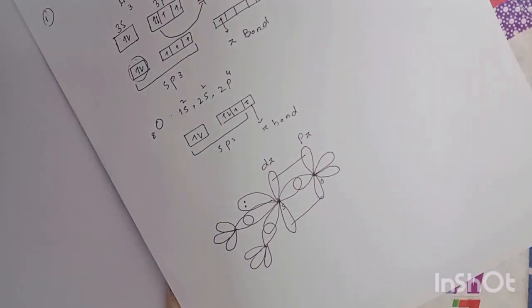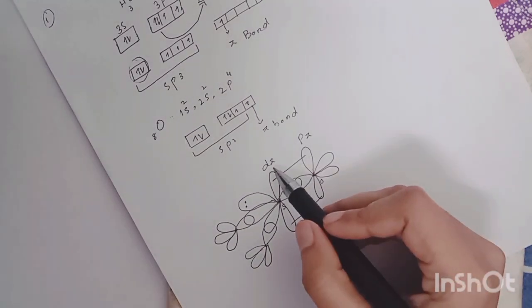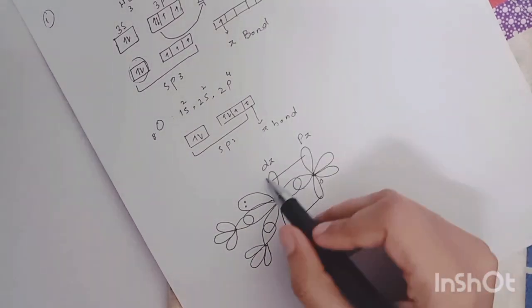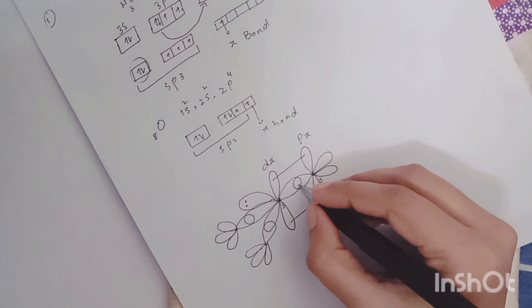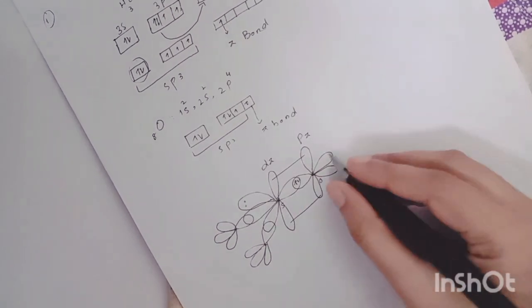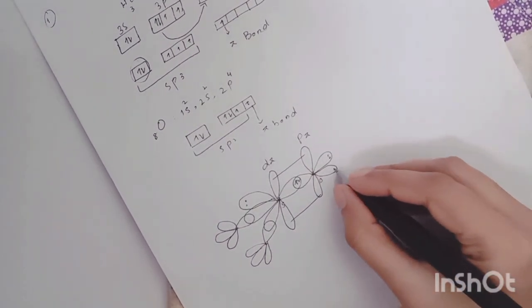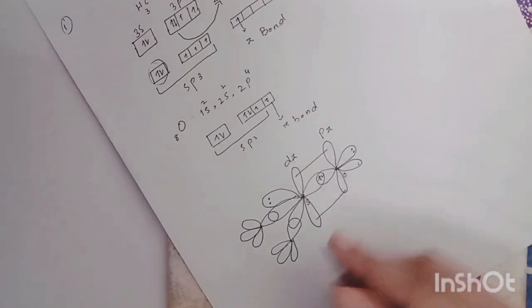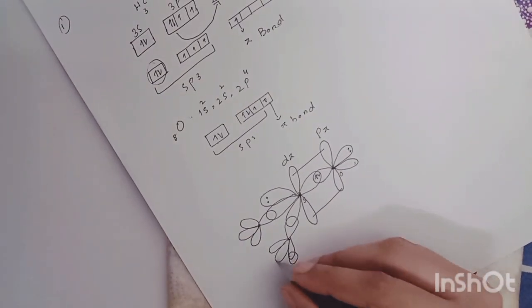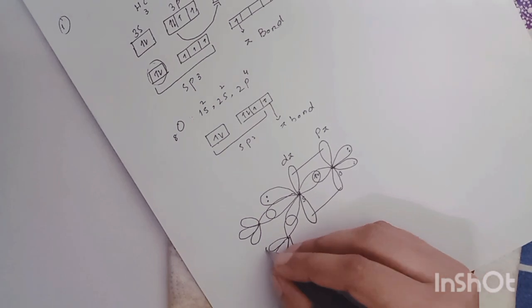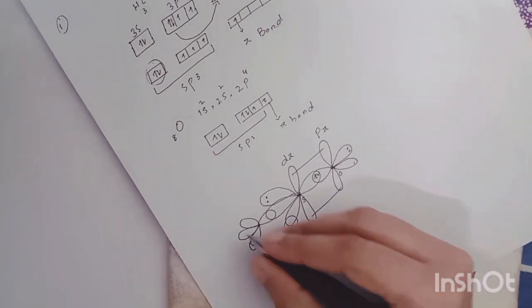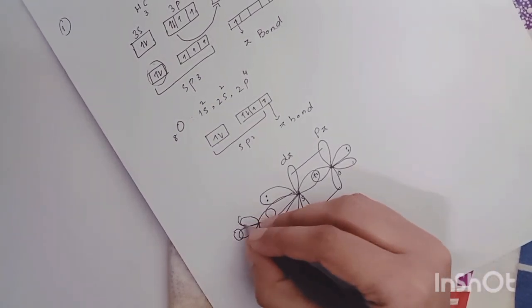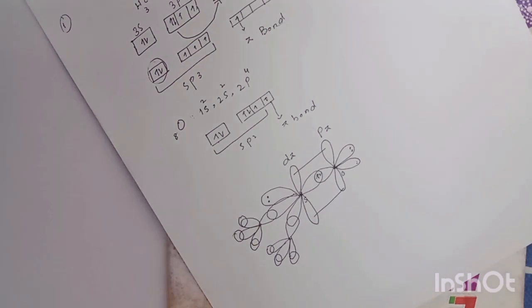These types of interactions are present in some sulfur compounds and are known as p-pi d-pi interactions or p-pi d-pi bonding. So here are the two lone pairs, this and this, two lone pairs of oxygen. Here are the hydrogens. In this way we draw the shape of dimethyl sulfoxide.